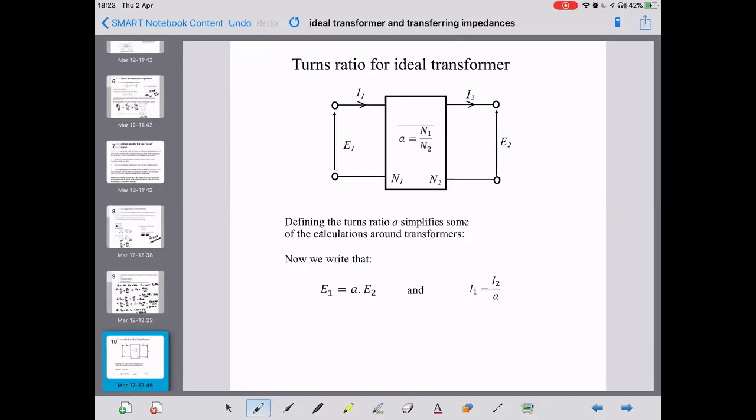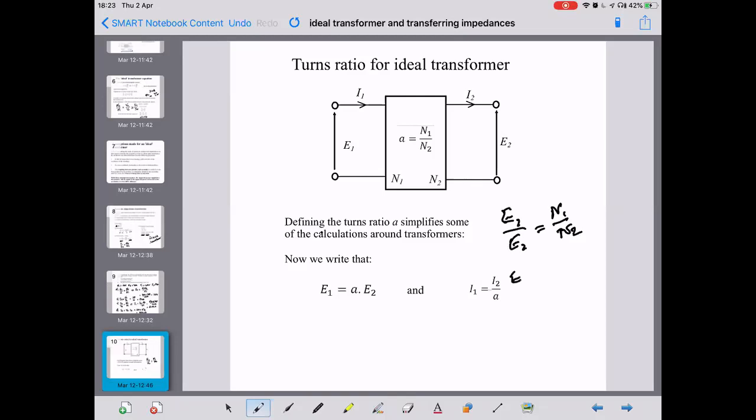Do you see where that comes from? If we start off with the full formula, E1 over E2 is equal to N1 over N2, and we want to find E1, we bring E2 up and multiply.